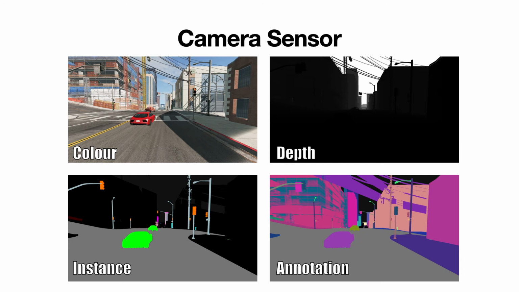Is it an AI that can use color images, or do you need more segmented images or not? This is something that you can achieve easily by setting the camera sensor in the right way.